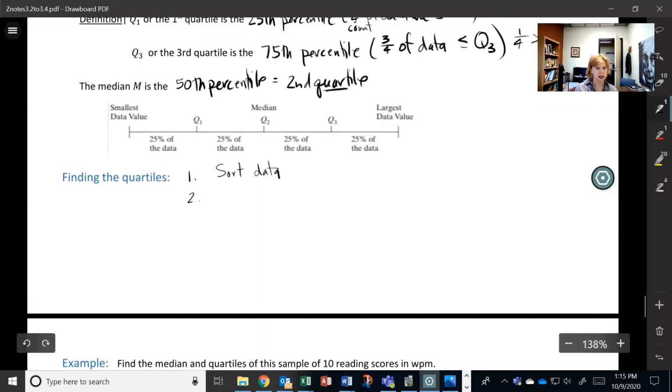Then you're going to find the median. Remember, the median, which is capital M, is the (n plus 1)/2th observation, or it's the mean of the middle two values.